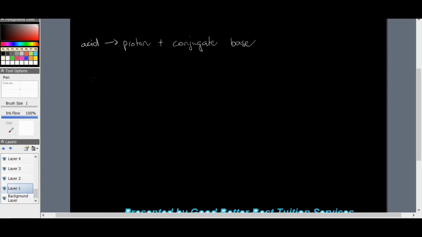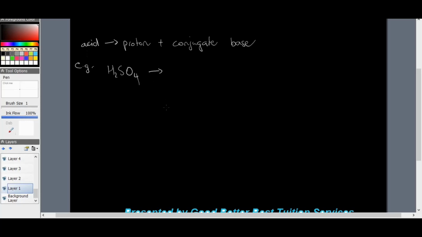So if we take a real example, of real elements, molecules and a reaction, if we have an acid, take sulfuric acid, which is very common, H2SO4.